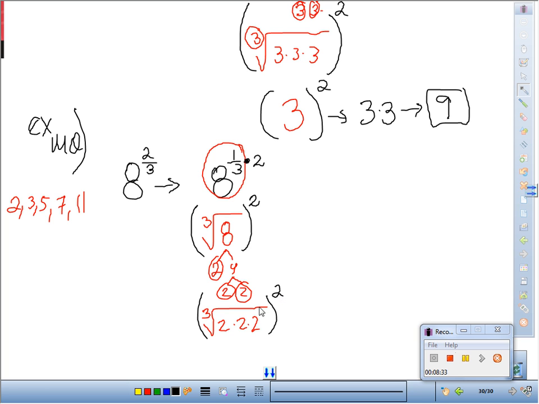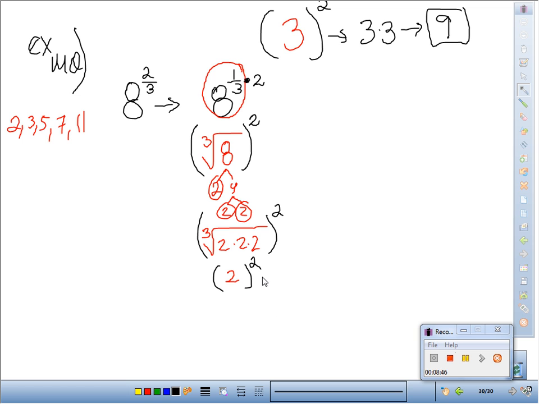Bring down the parentheses and the square. So what number is multiplying itself 3 times? The 2. Bring down the second power. So that becomes 2 times 2, which is 4.